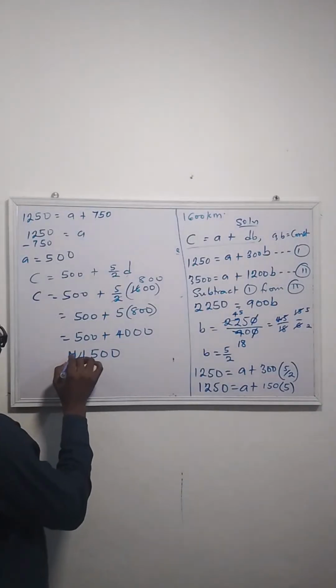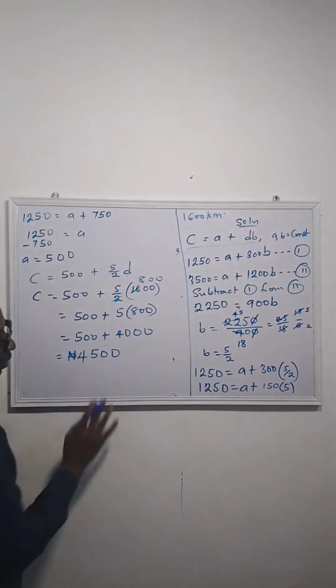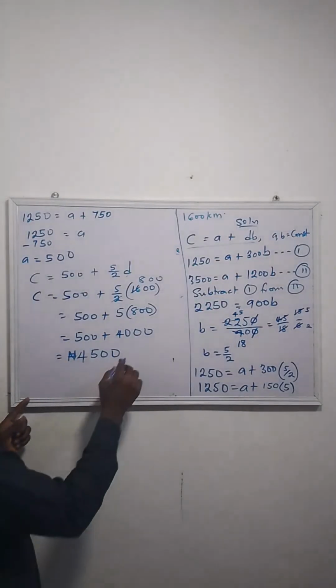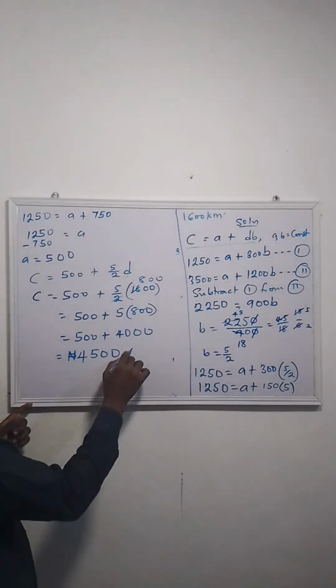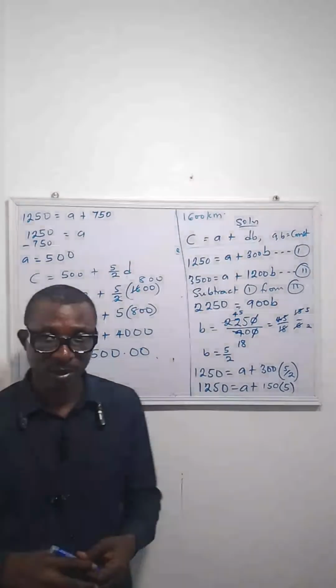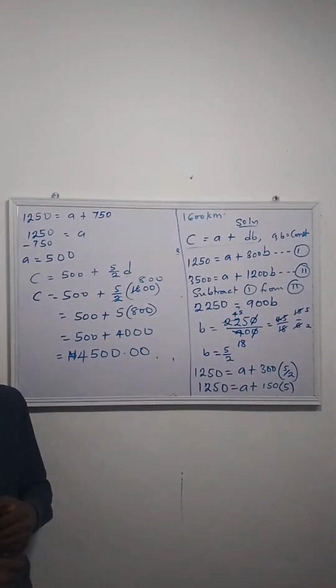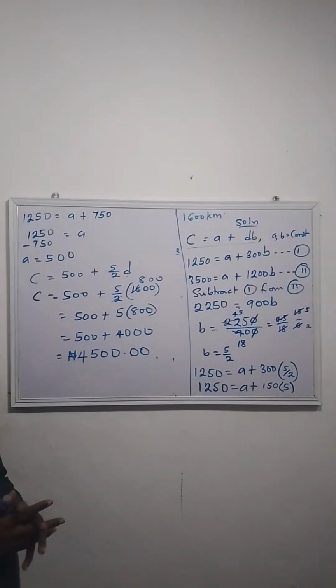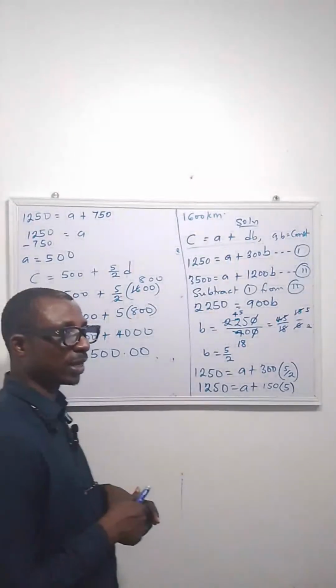Don't forget, whenever you are writing money, it should be in 2 decimal places, so let's put 0.00. And this is the answer to the problem. I want to believe you can see the solution is as simple as what we just did.